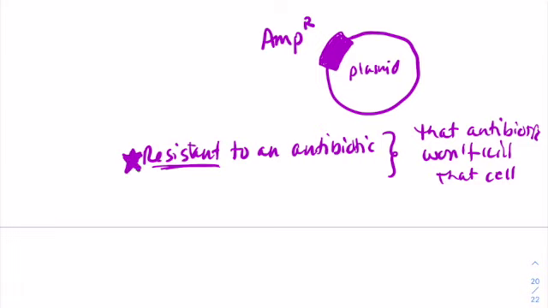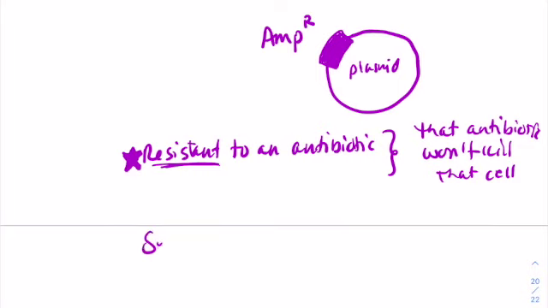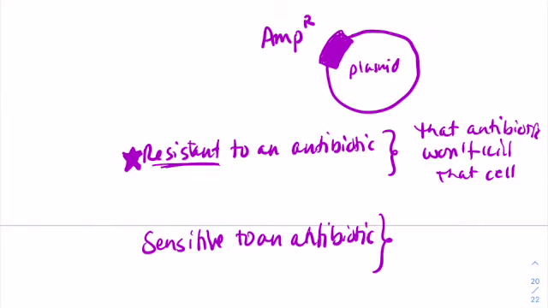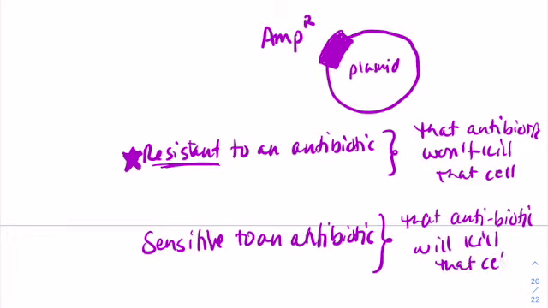Like people are like, oh, well, if the bacterial cell is ampicillin resistant, that means ampicillin will kill it. Nope, opposite. We say if something is sensitive to an antibiotic, that antibiotic will kill that cell.